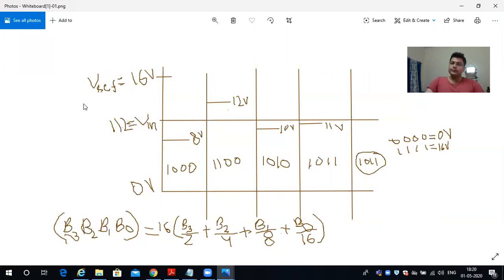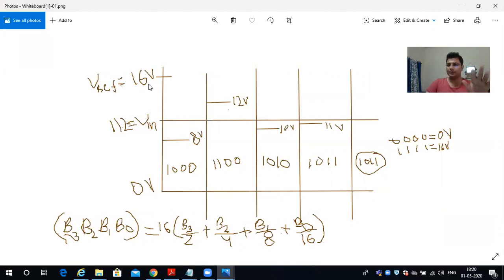For that purpose, first, any successive approximation algorithm requires a reference voltage. In the case of LPC1768, the reference voltage is 3.3 volt, whereas in this example, the reference voltage is 16 volt. This is the positive reference, and the negative reference is 0 voltage.